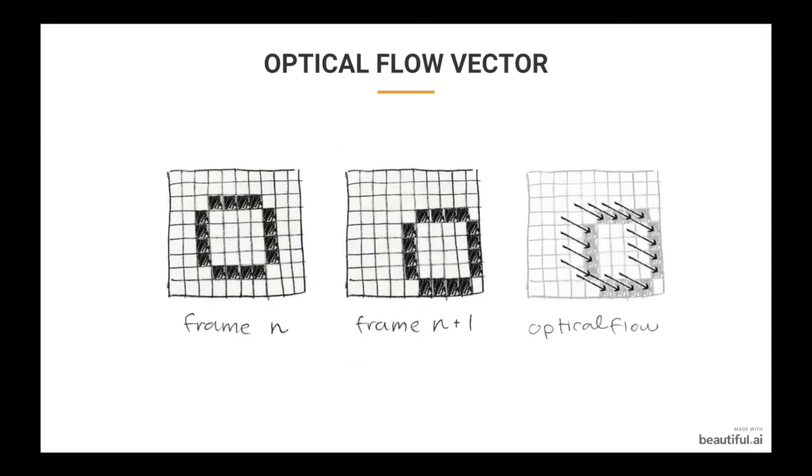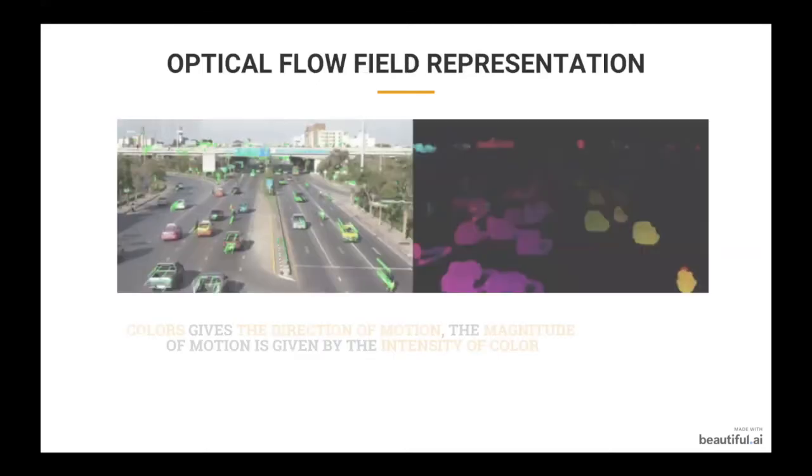To simplify it, you can see in this example. In frame 1, we have an object divided into certain pixels, and in frame 2, the object has moved. As we compare frame n and n plus 1, we can get a 2D vector. In the third example, we get what is called the optical flow vector. So it has a direction and a magnitude of change. So how do we represent it?